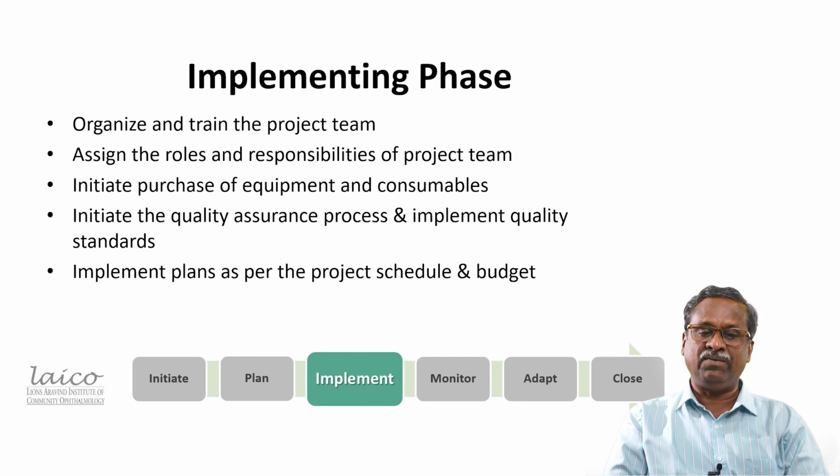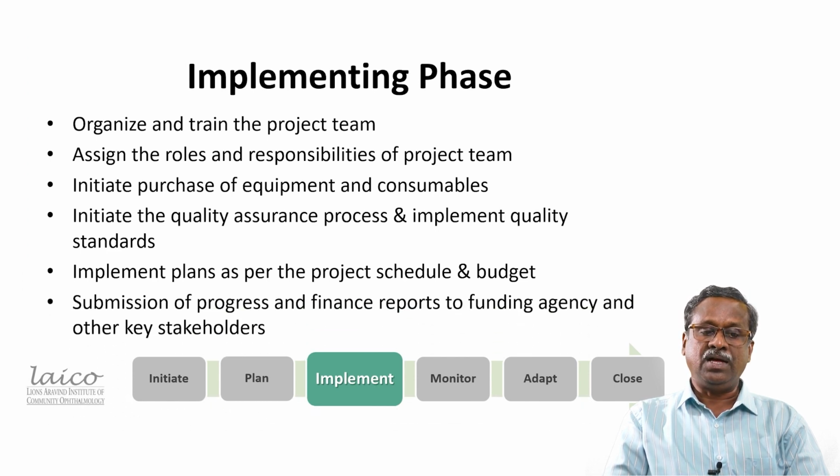We should not deviate from the project schedule or the budget line items. It is very, very important. And as per the project guidelines given by the funding agency, we should submit the progress report, physical performance report and finance report to the key funding agency and also key stakeholders.